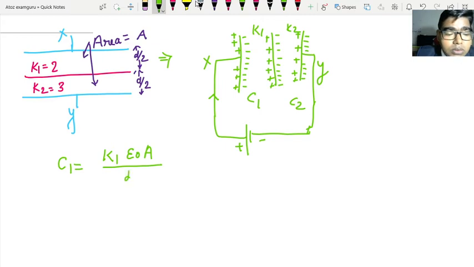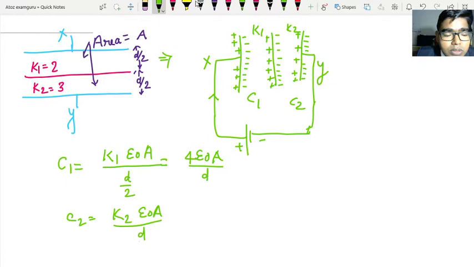So the value of k1 is 2, so 2 into 2, 4 epsilon naught A by d. Similarly for C2, k2 epsilon naught A by d by 2. The value of k2 is 3, so 6 epsilon naught A by d.